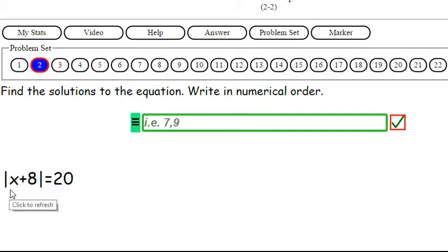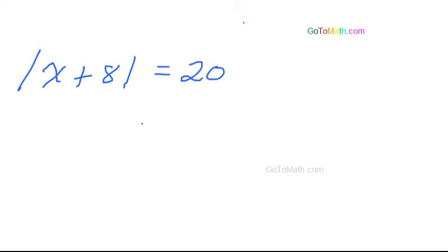We got the absolute value of x plus 8 is equal to 20. Okay, so we're going to write this twice. We're going to get two separate equations here. First one, we just drop the absolute value bars.